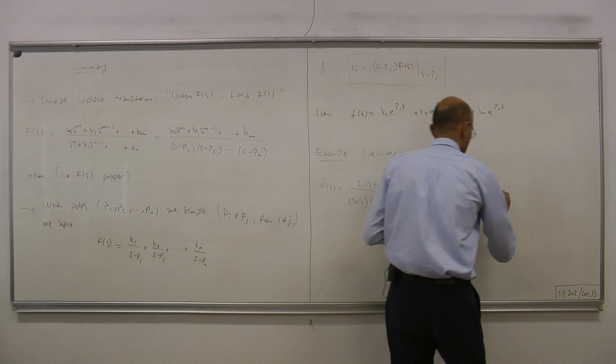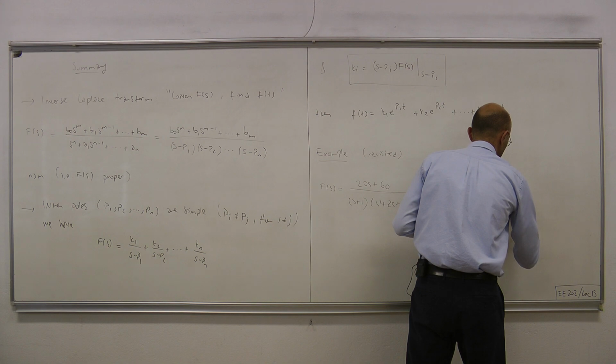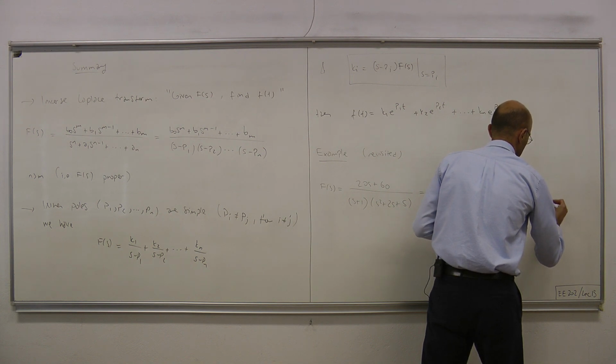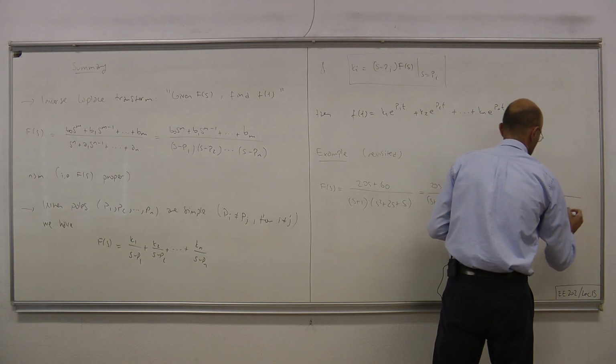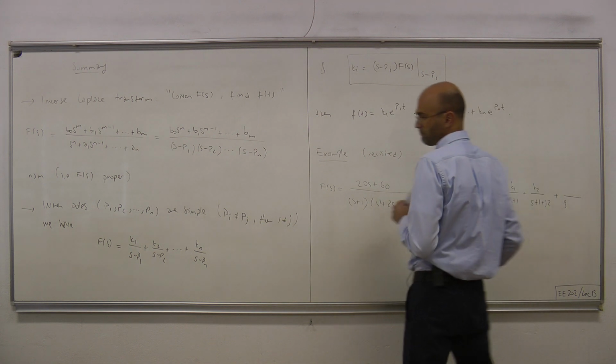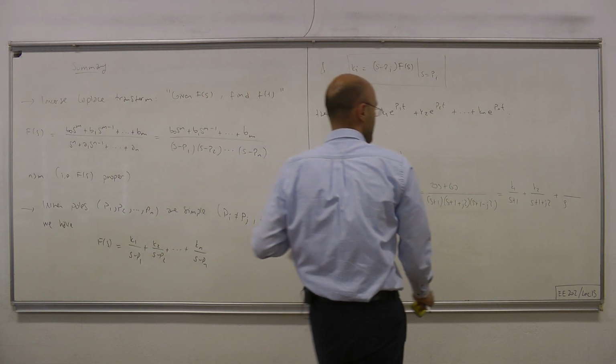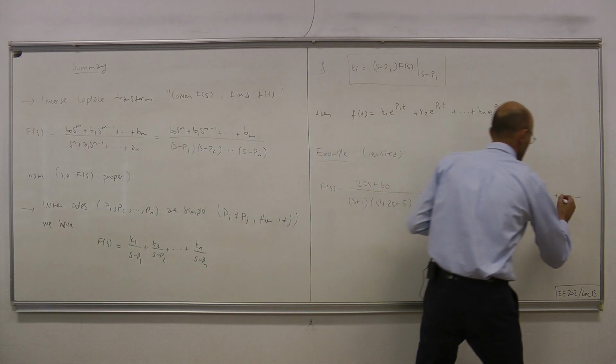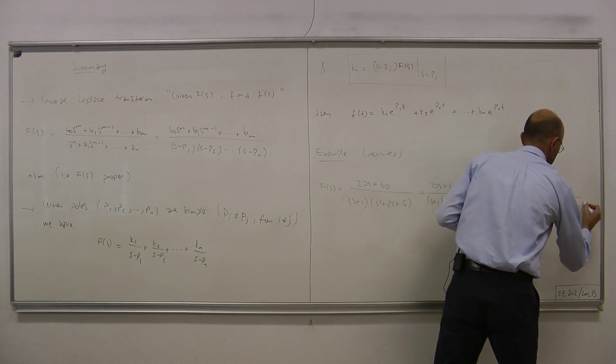In other words, k1 over s plus k2 over s plus 1 plus j2, and plus k3 over the third term, s plus 1 minus j2.